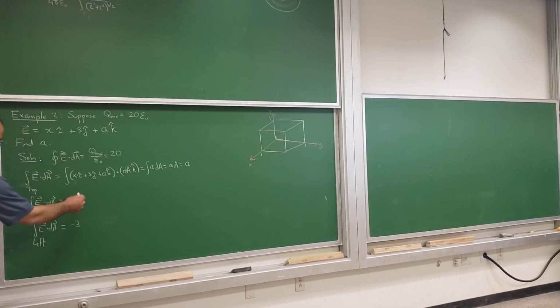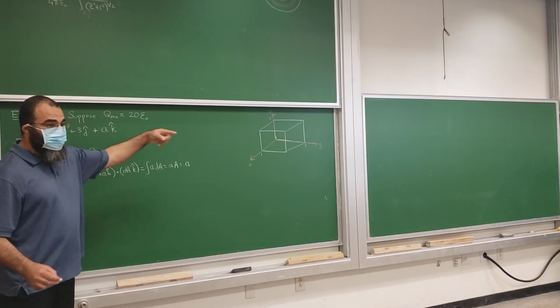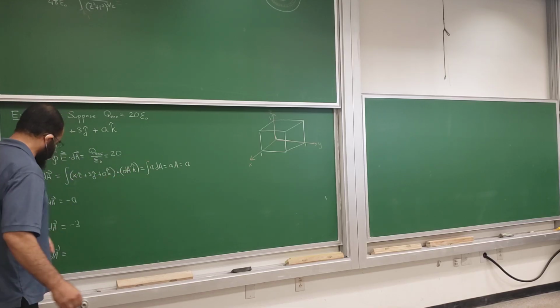How about E dot dA from the right? What changes? To the right, it will be positive i hat, so it's going to be positive 3.